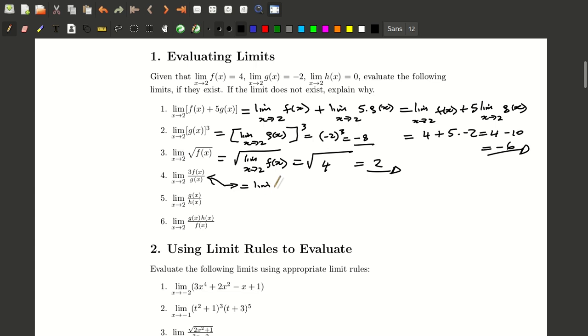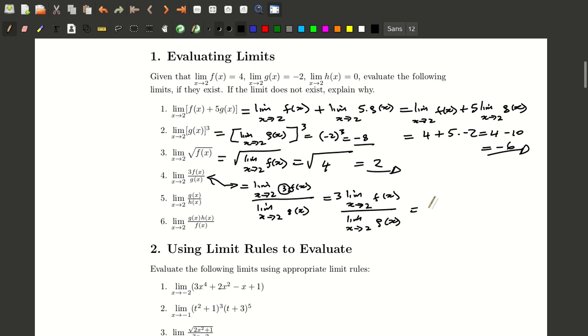So here we have the limit as x approaches 2 of 3 times f of x, divided by the limit as x approaches 2 of g of x. Of course, if you have a constant in front of a function, you can always pull it in front. So I'll end up having 3 times the limit as x approaches 2 of f of x, and then divide by the limit as x approaches 2 of g of x.